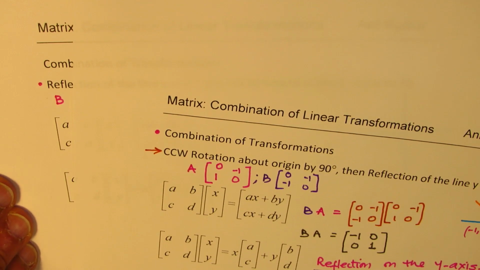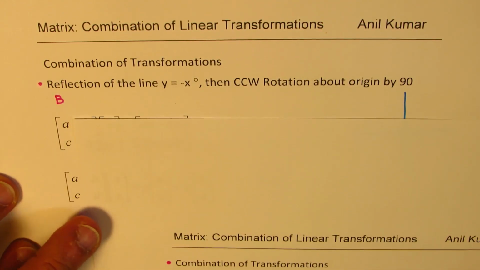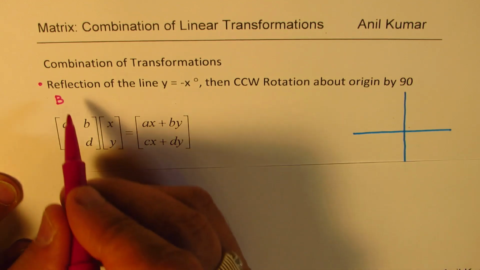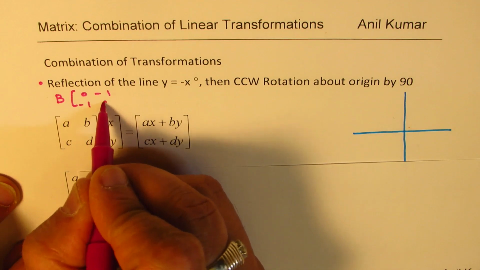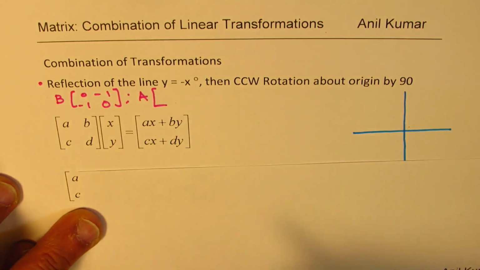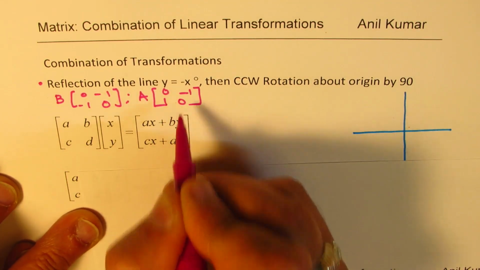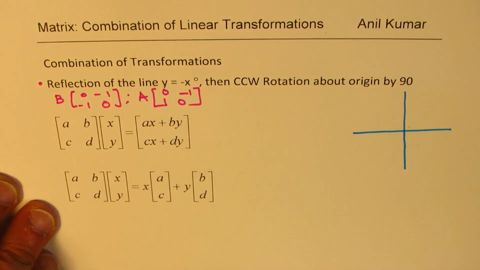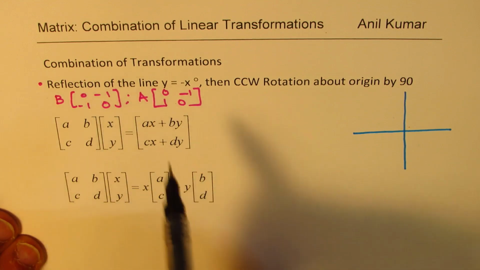So this time we are beginning, first we are doing reflection, which is B, which is 0, -1 and -1, 0, right? And then we are doing A, and A is 0, -1 and 1, 0. Is that okay? So that is what we are doing. So here, first we are doing B and then we are doing A. Okay, so let's write it down.